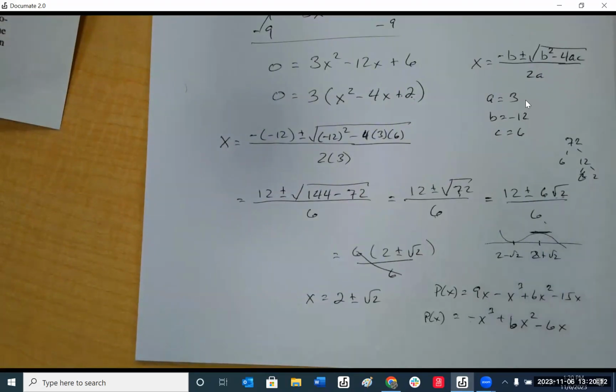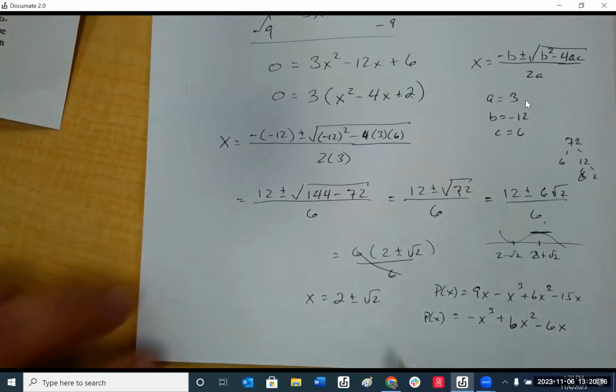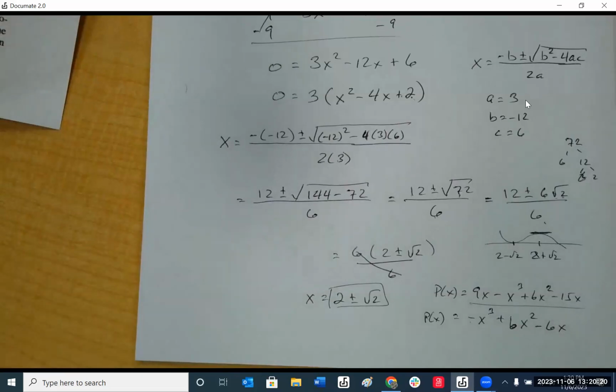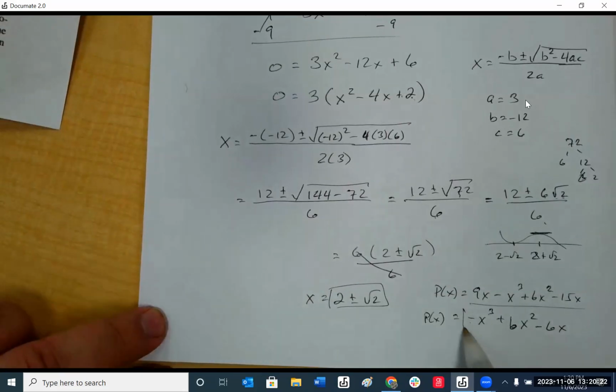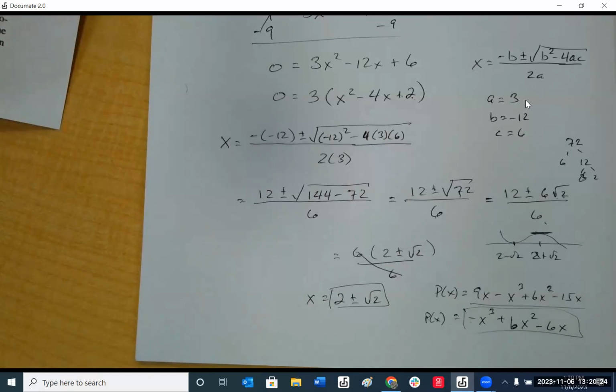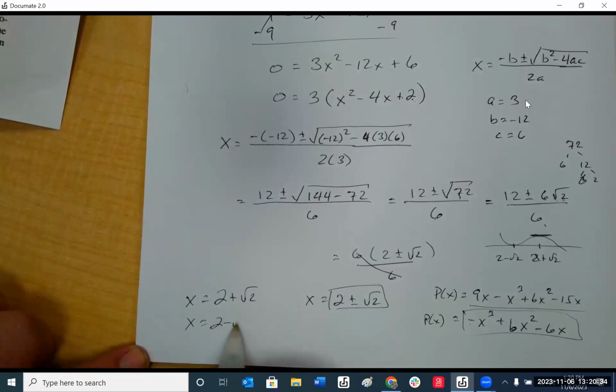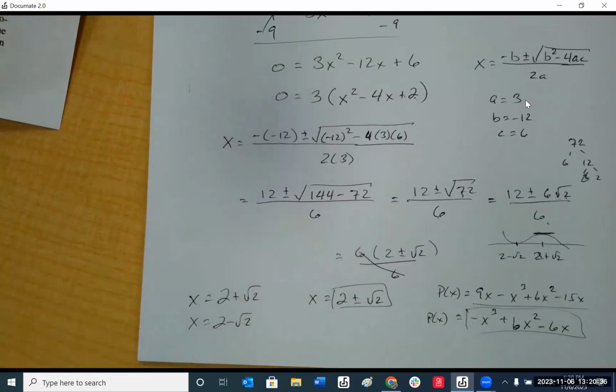So we plug the values into our equation and see what we get. We plug in both of these into this equation and see what we get. One for 2 plus radical 2, one for 2 minus radical 2, and see which one gives us the highest.